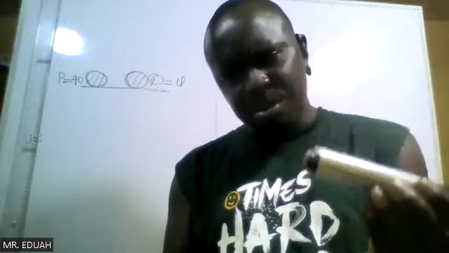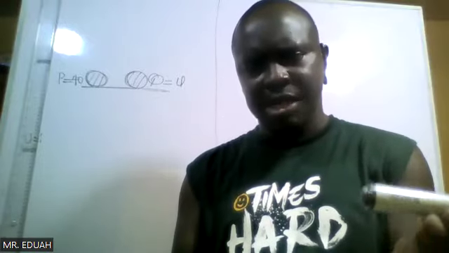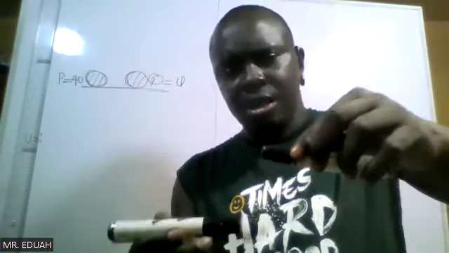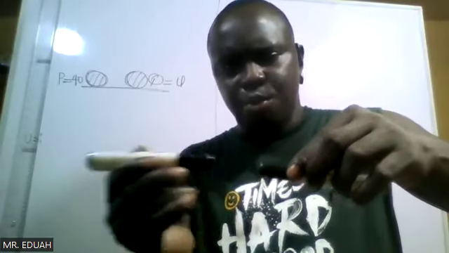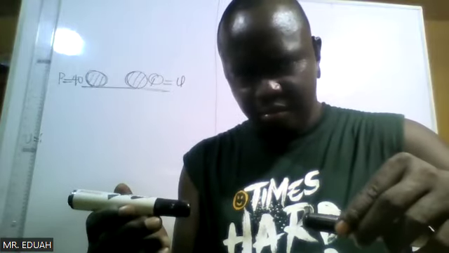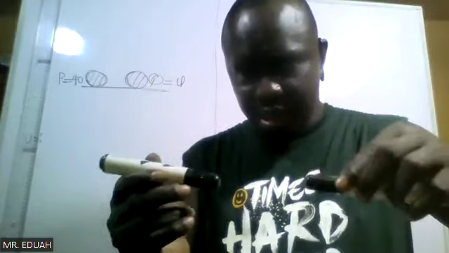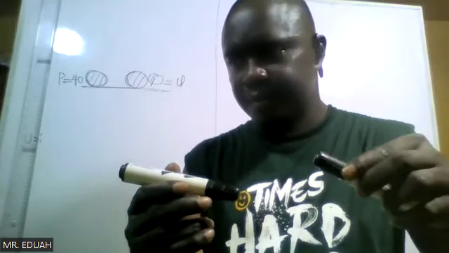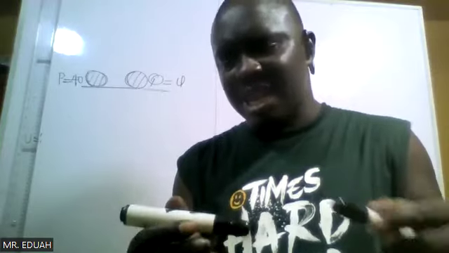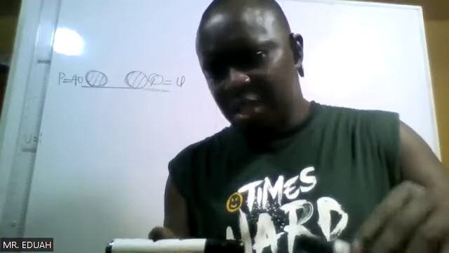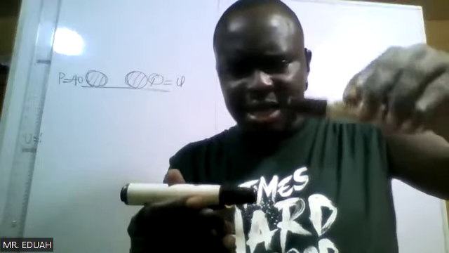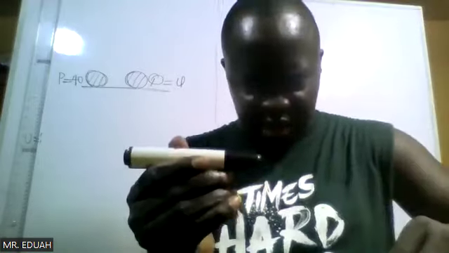So they can only meet when the first one gets to the maximum height and it is descending. Then it can meet at the same point with Q. Is that okay? Yes, please. So the only point where they can meet is when the first one, which was shot earlier, gets to the maximum height and it is returning back, then they can cross.